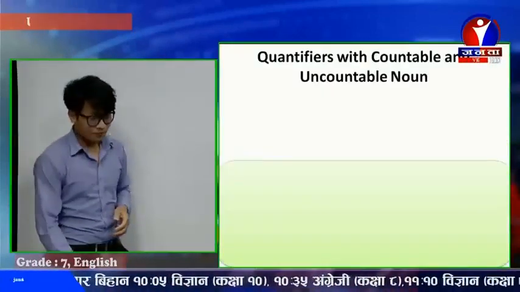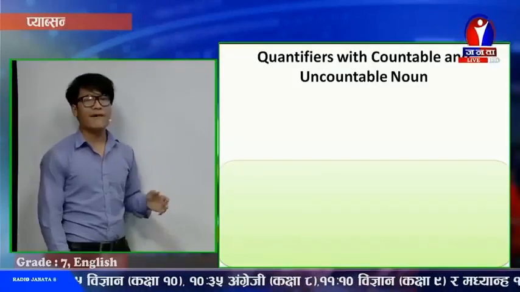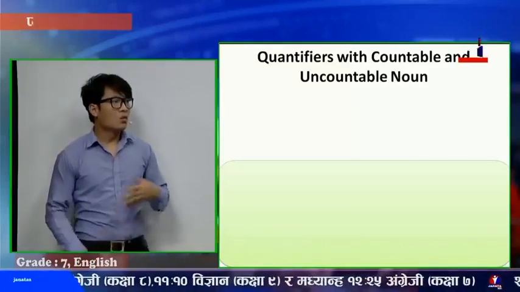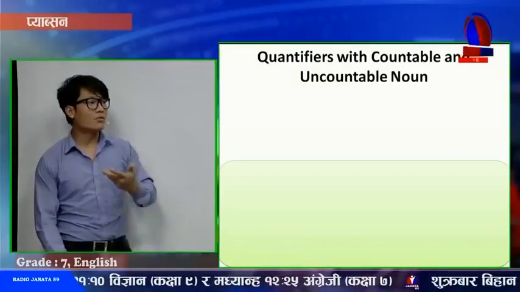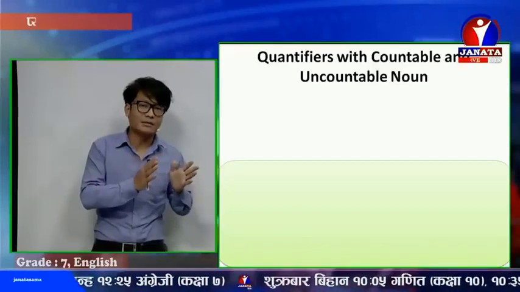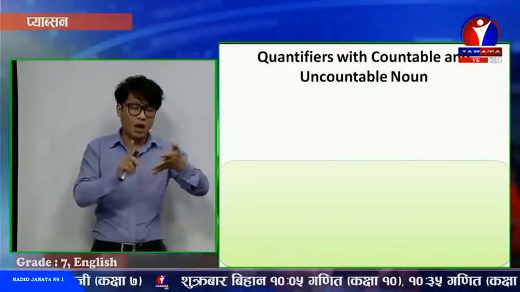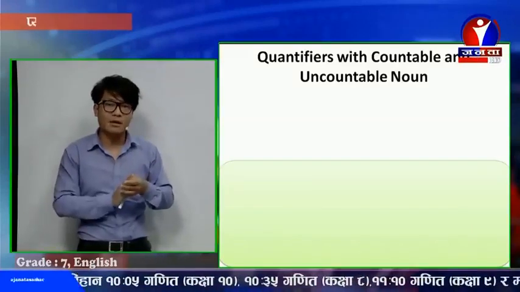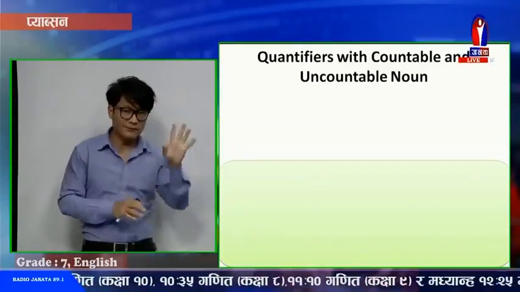After this, we are going to use quantifiers. Quantifiers with countable and uncountable nouns. Quantifiers like some, a lot of, a few, lots of, several, both. These are the quantifiers.